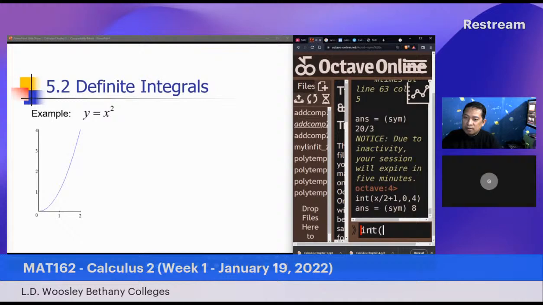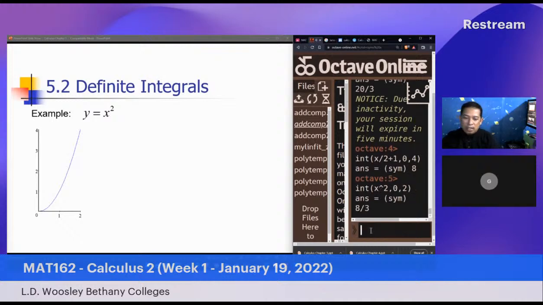So, x squared from 0 to 2. Yan, 8/3, correct?